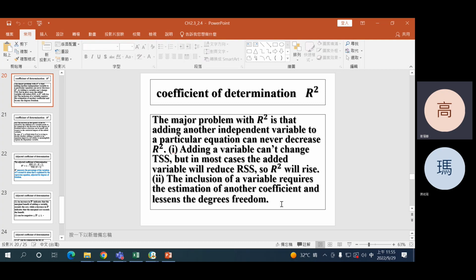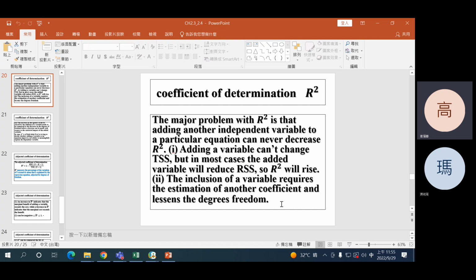Therefore, I would include x1 and x2 as independent variables, right? But now, if I just randomly choose one variable called x3, it's nothing to do with the y. And I collect the data and plug this x3 into this equation. If I have all this data, I can have the R square for this one, and I also can have the R square for this one too.